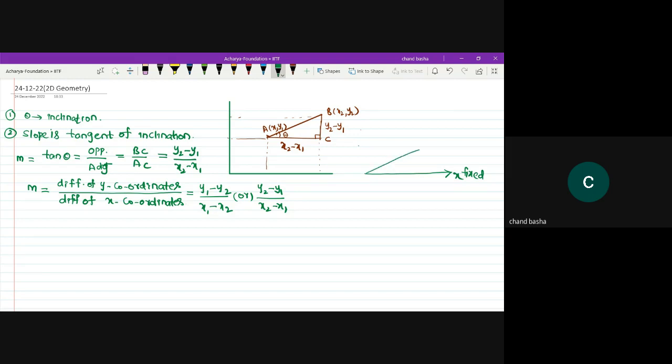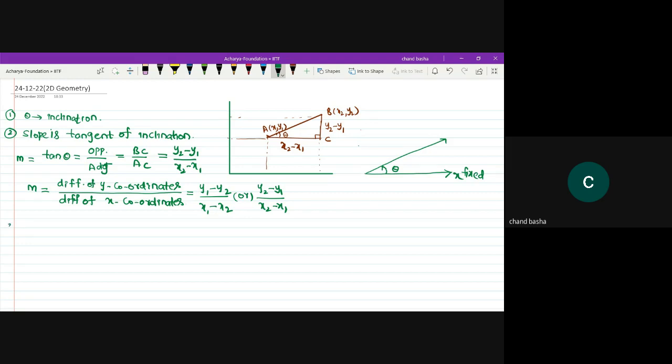This is the moving line. Suppose I'm taking the inclination with respect to this x-axis; the inclination can always be measured with the horizontal line.